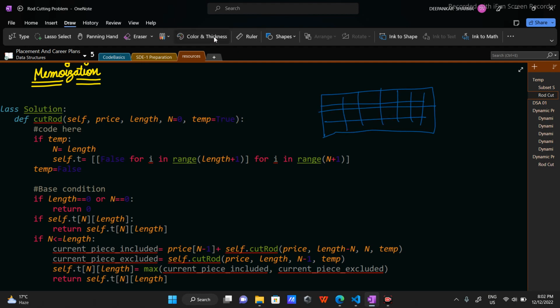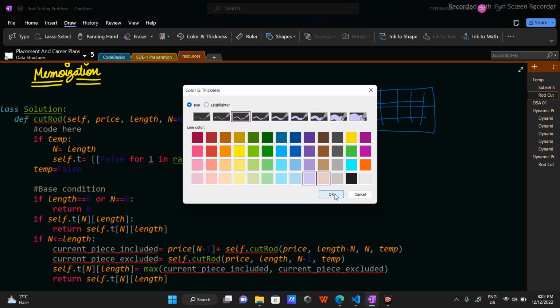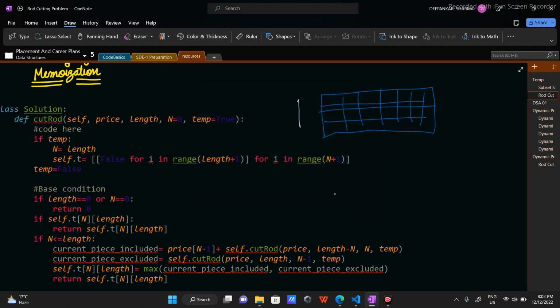This matrix is going to be of size n plus 1 by n plus 1. Actually, length and these are the same. For some variations of this particular question they may be different, but here they are the same. So we will make a matrix like this and initialize the entire matrix with false.